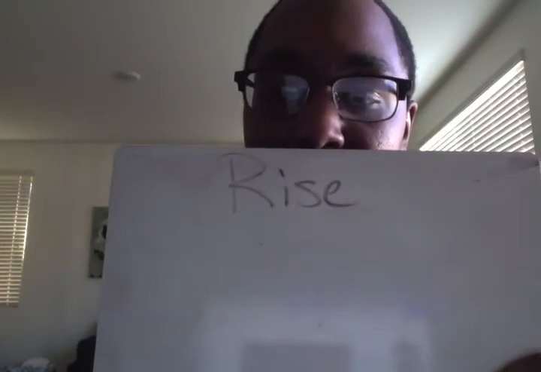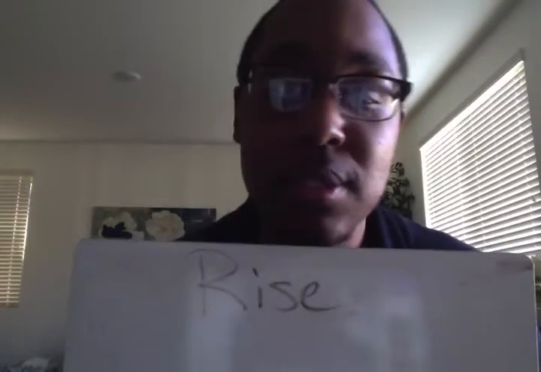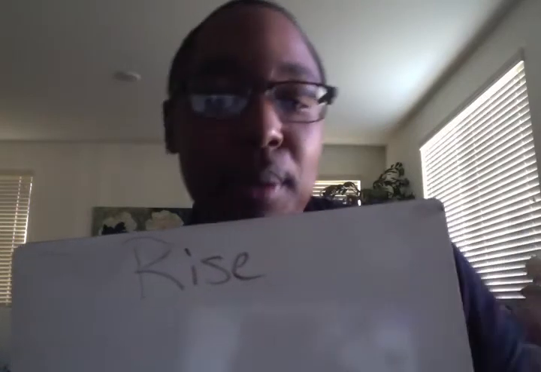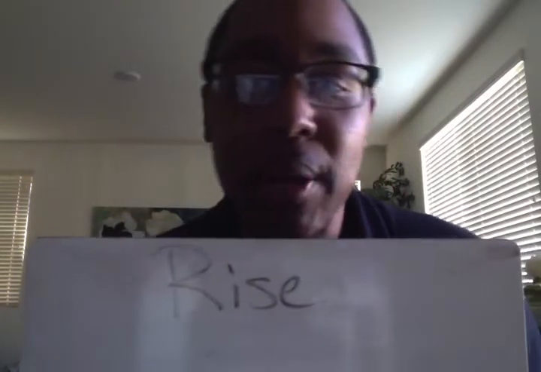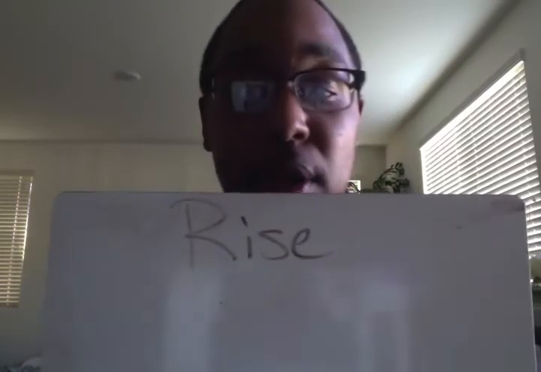Now, how can a verb describe a noun? Well, let's check it out. Let's take the verb rise. Okay, I could rise out of this seat right now. I could use my superpowers and make my water rise from the bottle, and then I could drink it from the air. Okay, rise can be a verb, action word.